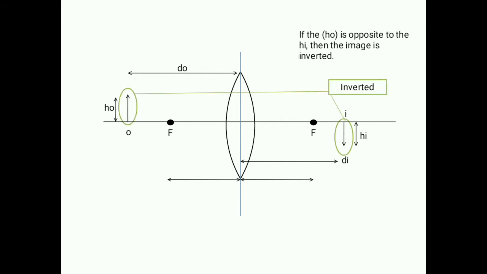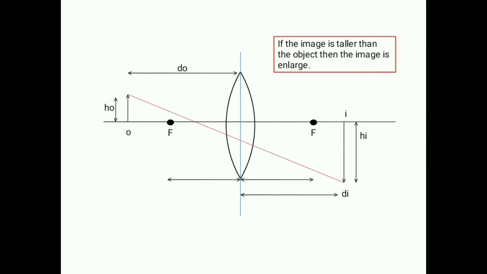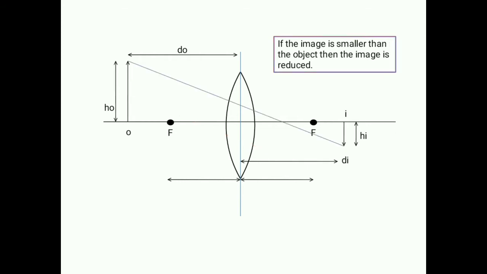So if the height of the object is opposite to the height of the image, then the image is inverted. If the image is taller than the object, then the image was enlarged. Then if the image is smaller than the object, then the image is reduced.